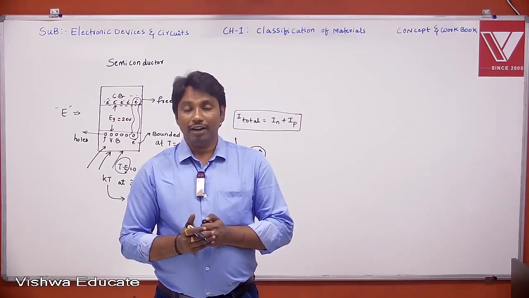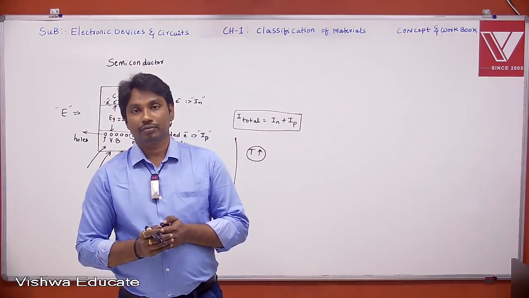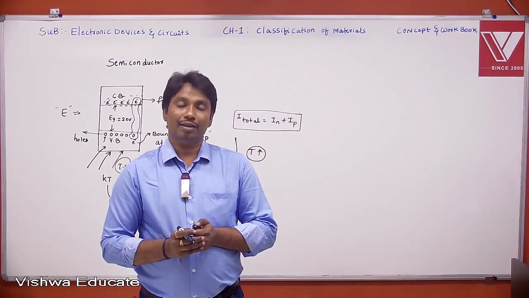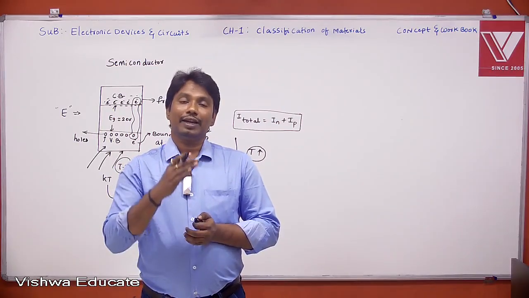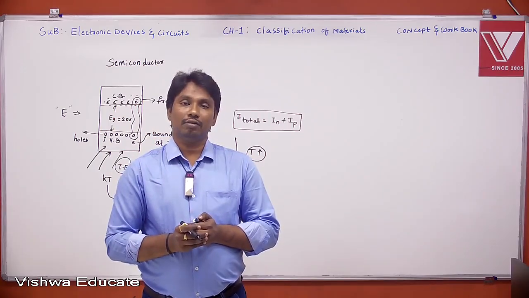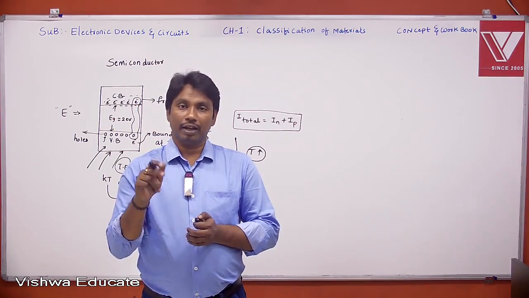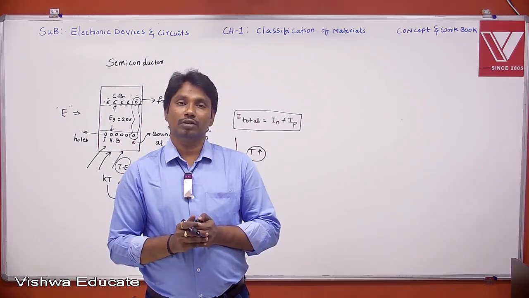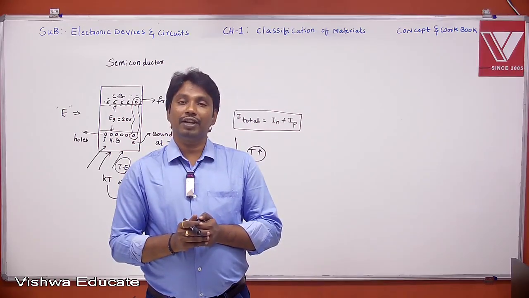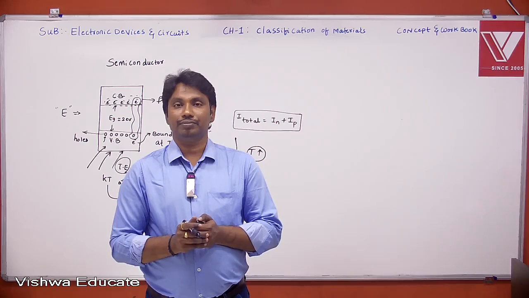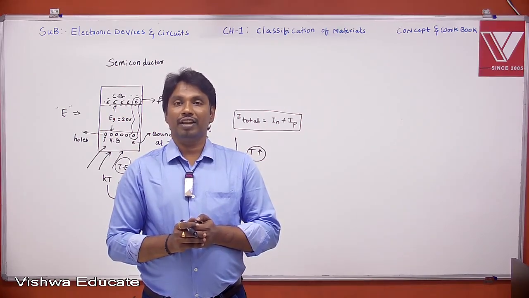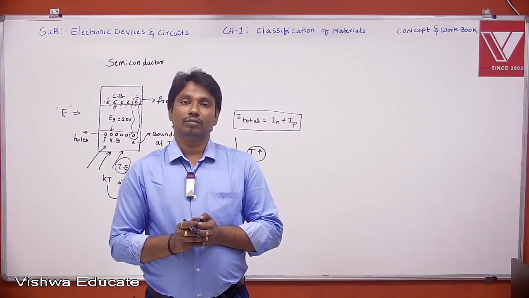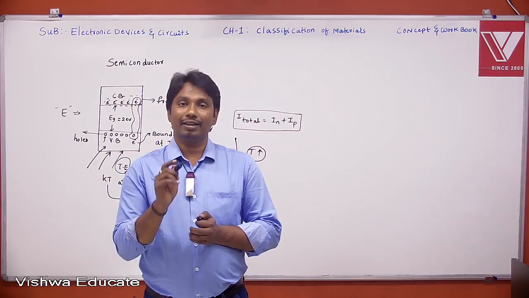Next point. When an external electric field is applied, electrons can move in the conduction band, in bracket free electrons, and produce a free electron current IN. Please underline free electron current.